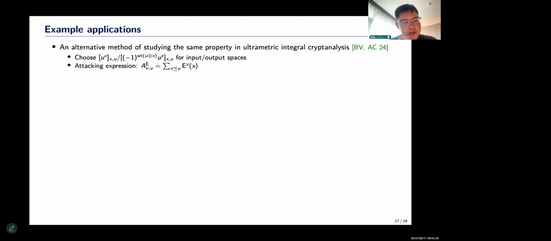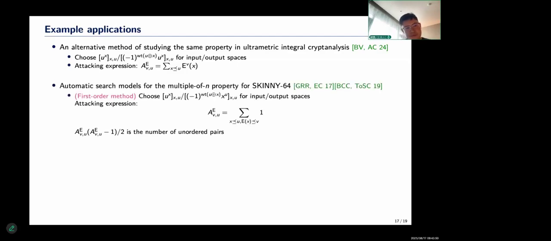In our paper, we give 4 example applications with the framework. The first one is an alternative method to study the same property which has been studied in the arithmetic integral cryptanalysis with the mixed basis style. Then this property can be described in a much more natural way. And the second application is the multiple-of-n property for Scream. This property is a structural property.